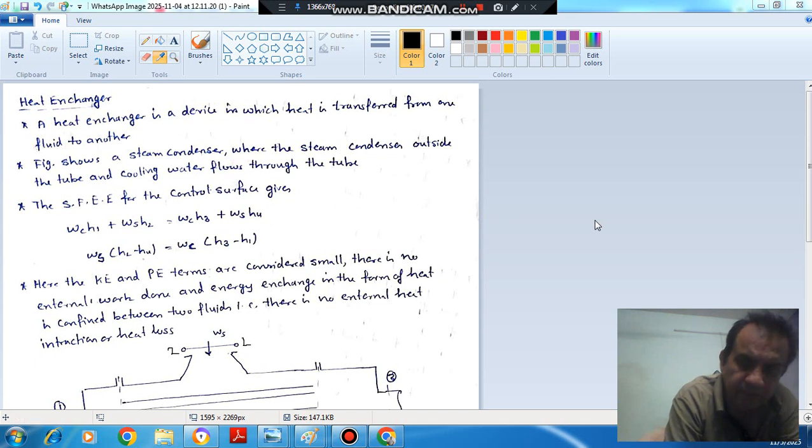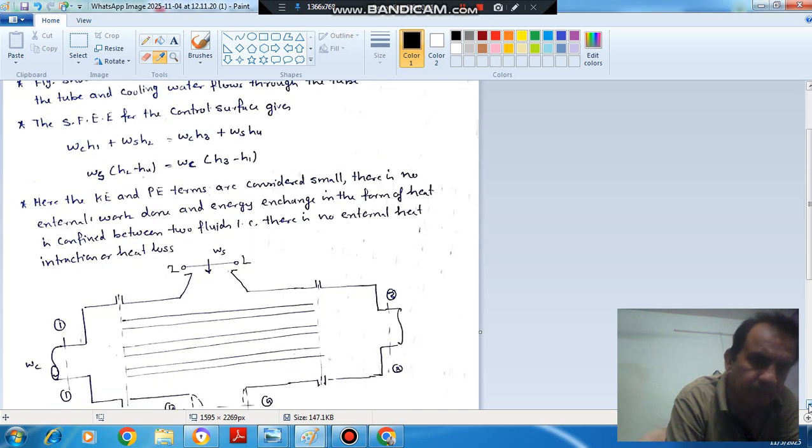In a heat exchanger, heat is transferred from one fluid to another fluid. Suppose the cold fluid mass flow rate is WC, and the hot fluid, steam, mass flow rate is WS. The cold fluid enters here and leaves here, and the steam enters here and leaves here.